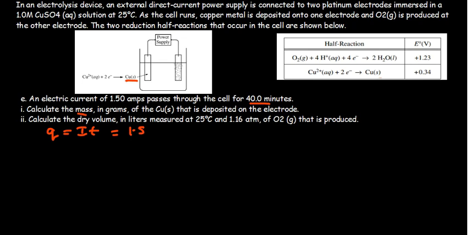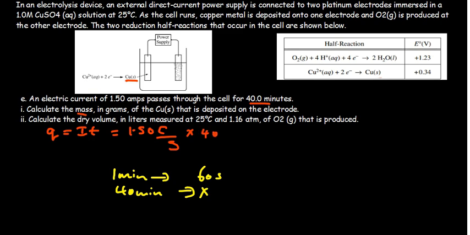Amps is the same as coulomb per second. Remember, current is a rate of flow of charge. And then time, we also need to ensure it's in seconds so that we can get coulomb as a result. So 40 minutes. In a minute, you've got 60 seconds. So how many seconds are you going to have in 40 minutes?